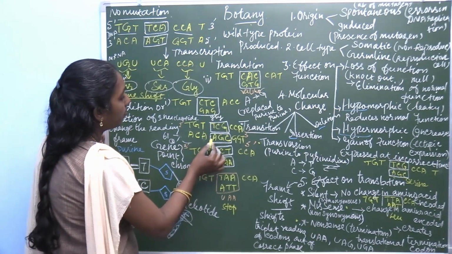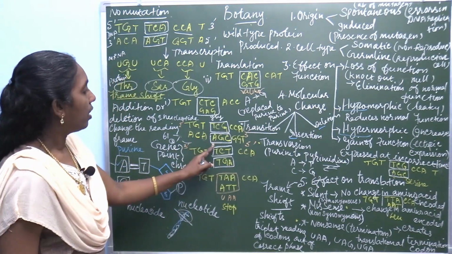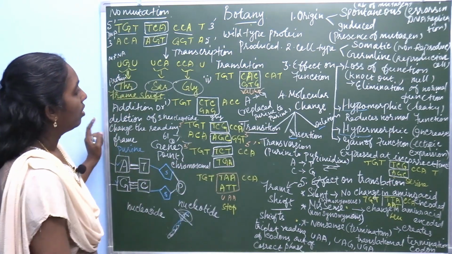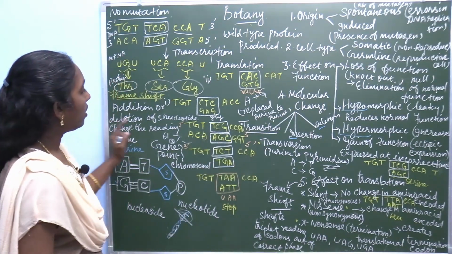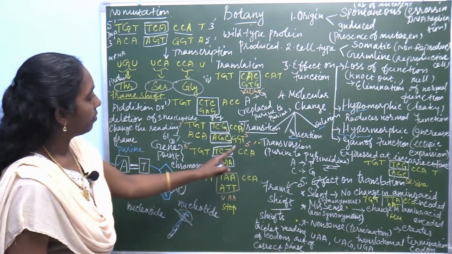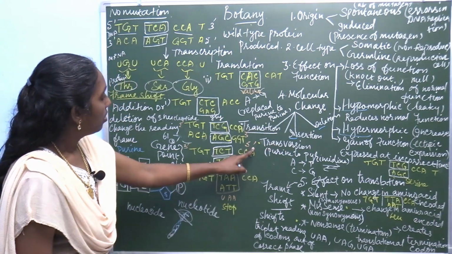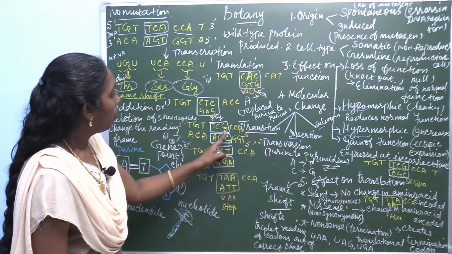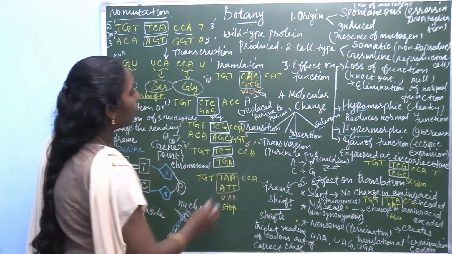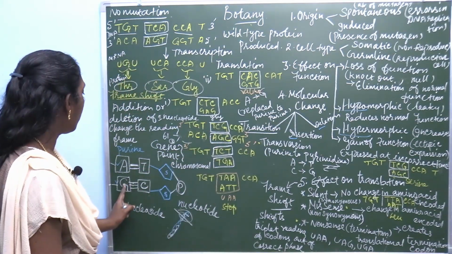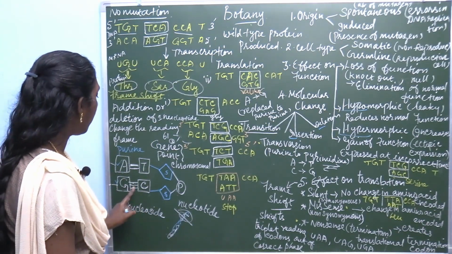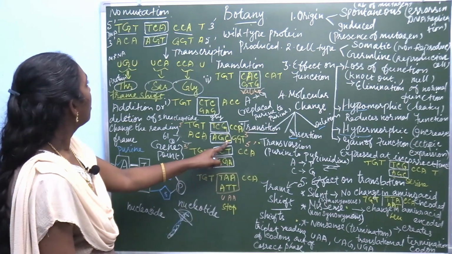In the mutation here, guanine and cytosine are an example of transversion, purine to pyrimidine. Instead of guanine, cytosine is present here.